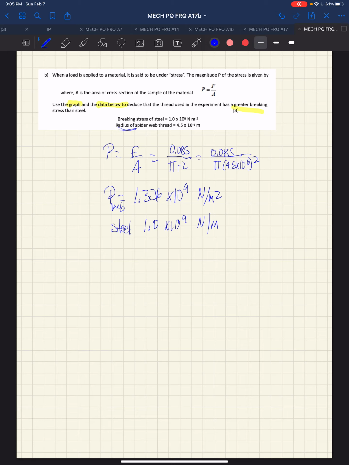newtons per meter squared. So we can see that the spider web does have a greater breaking stress than steel. In fact, 33% higher.